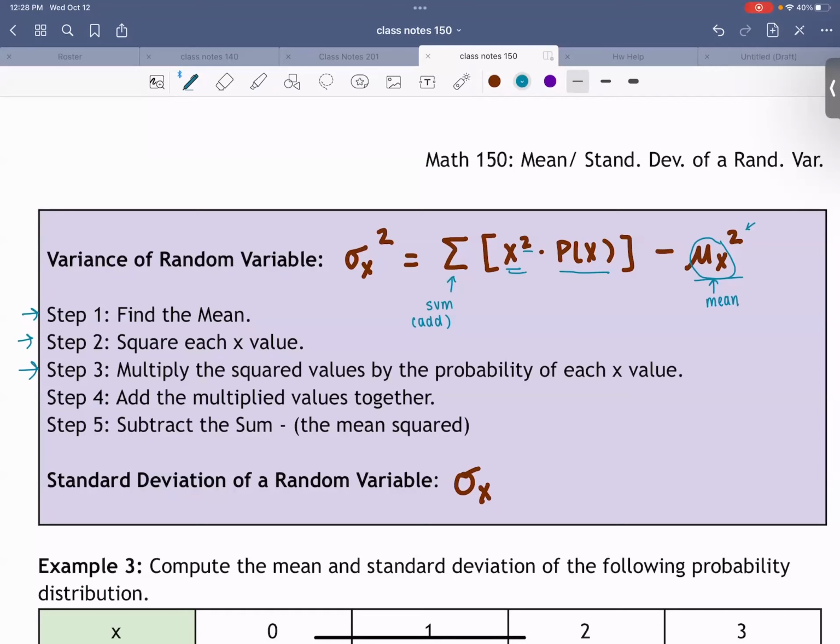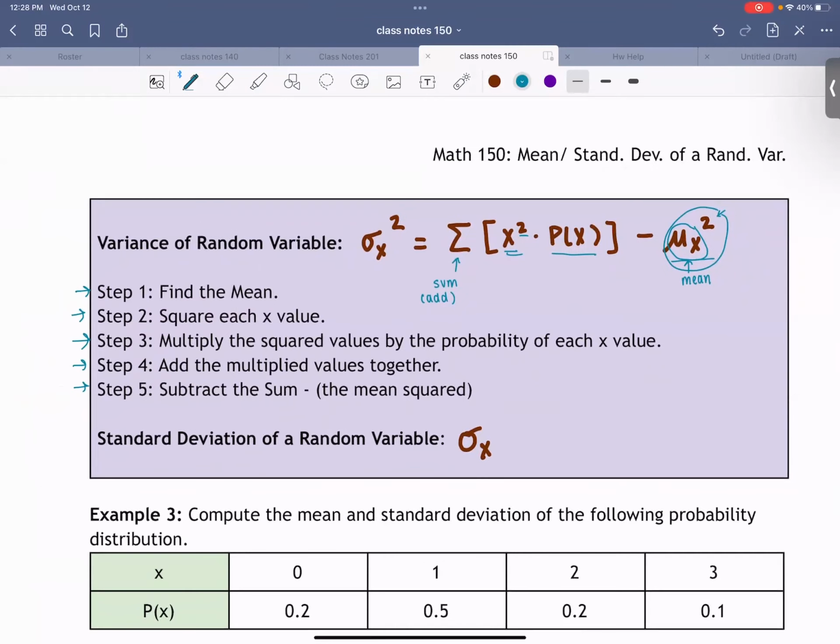And if that sounds abstract, the example might give you a little bit more of an idea of what this means. Once we're done doing that, we're going to add everything from step 3 together. Once we get that sum, we're going to subtract off the mean squared. That gives us the variance. To get from the variance to standard deviation, we have to take the square root. Okay, so the same thing as we've done before.